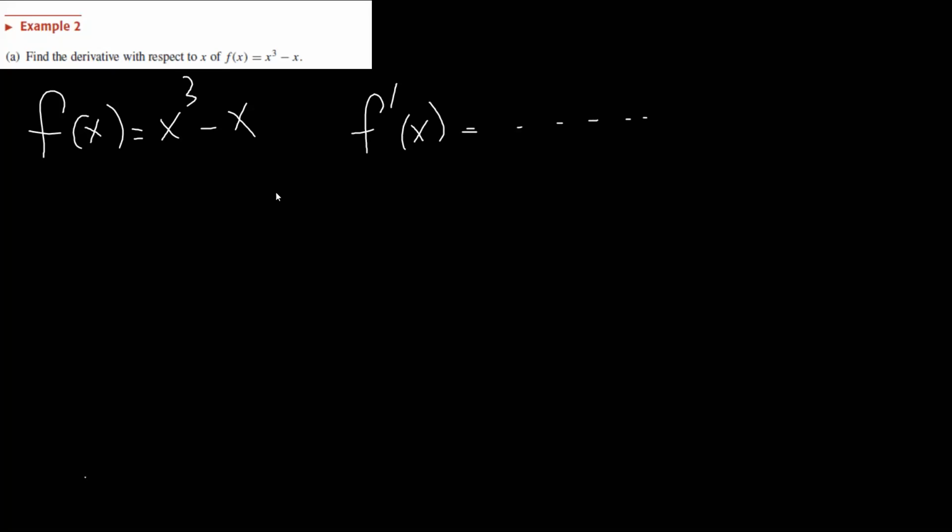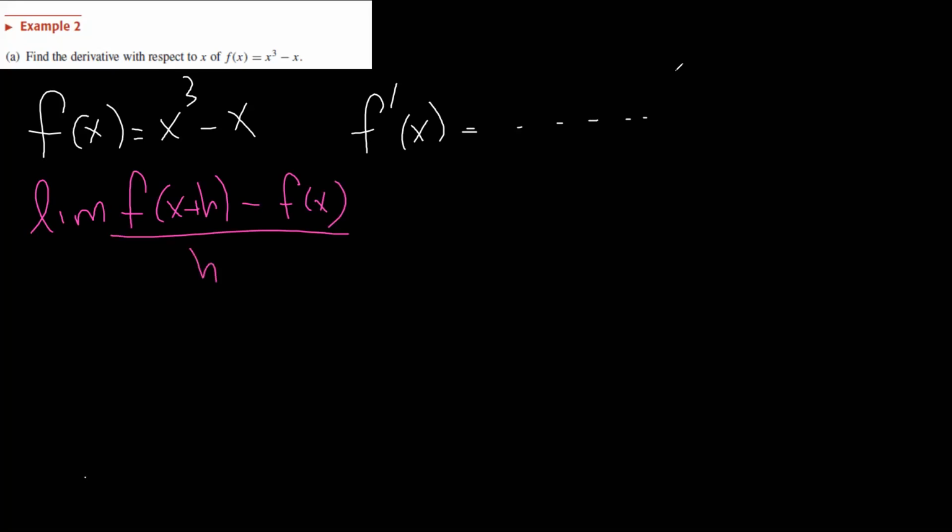So what I have to do now is the limit of f of x plus h minus f of x over h when h approaches 0. Instead of x, I have to put x plus h. Where I find x, I evaluate instead of it with x plus h.